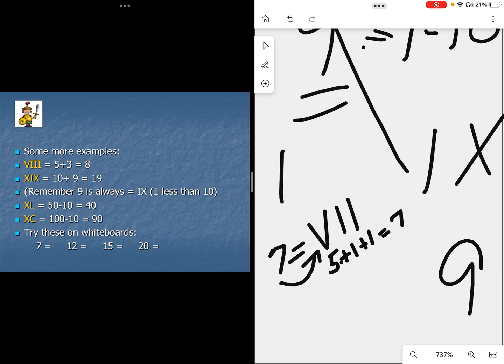That equals 7. How about 12? How do we write the Arabic numeral 12? Well, it's the same thing. You would go X, that's 10, I, that's 1, I. 10 plus 1 plus 1 equals 12.